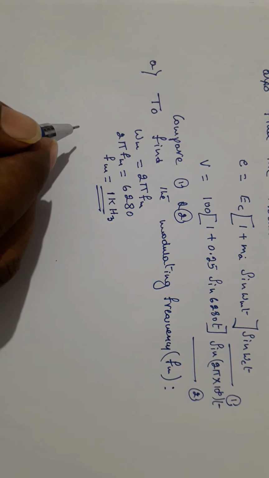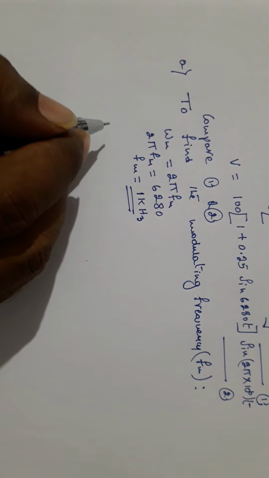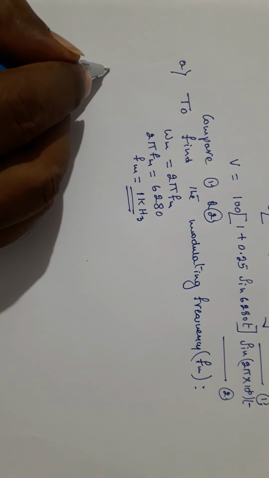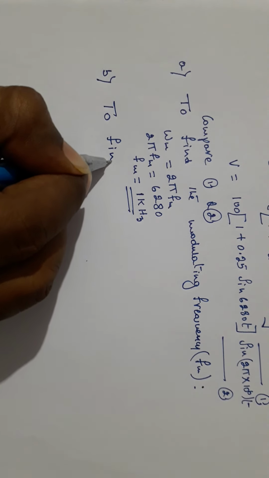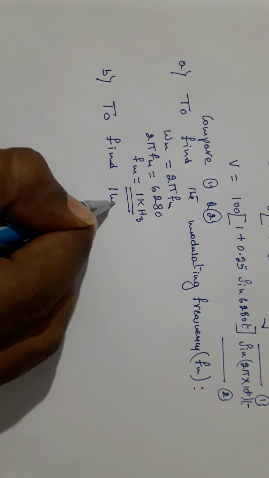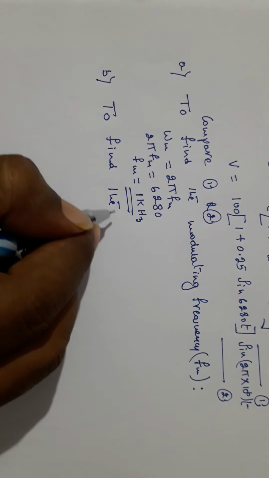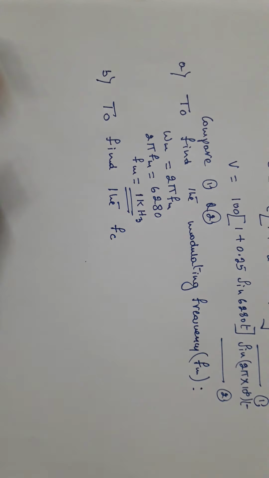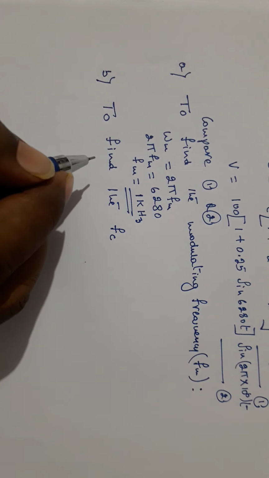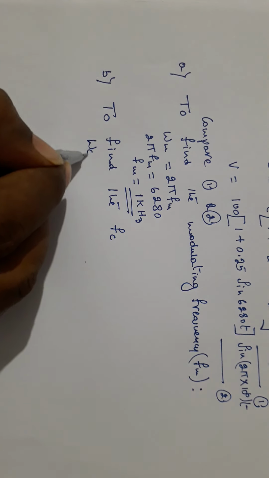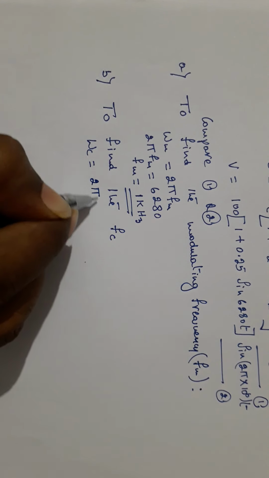Next, B: to find the Fc. We know that omega equals 2 pi f. Therefore, omega c equals 2 pi Fc.